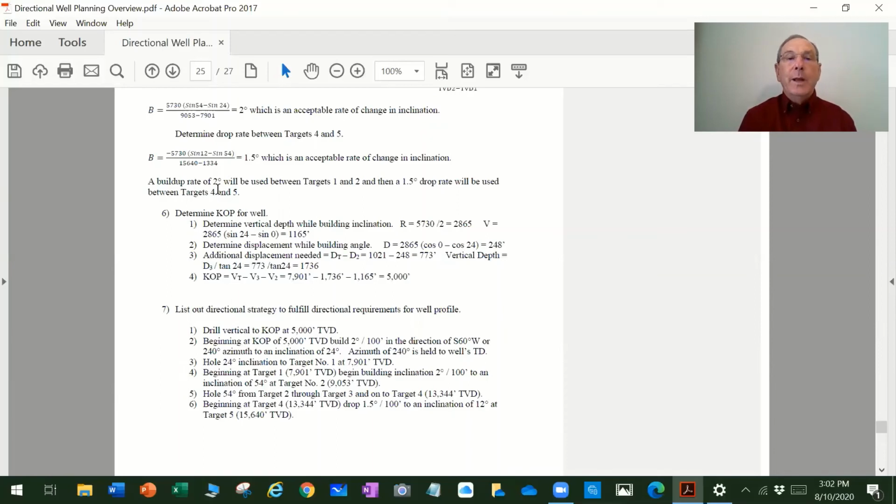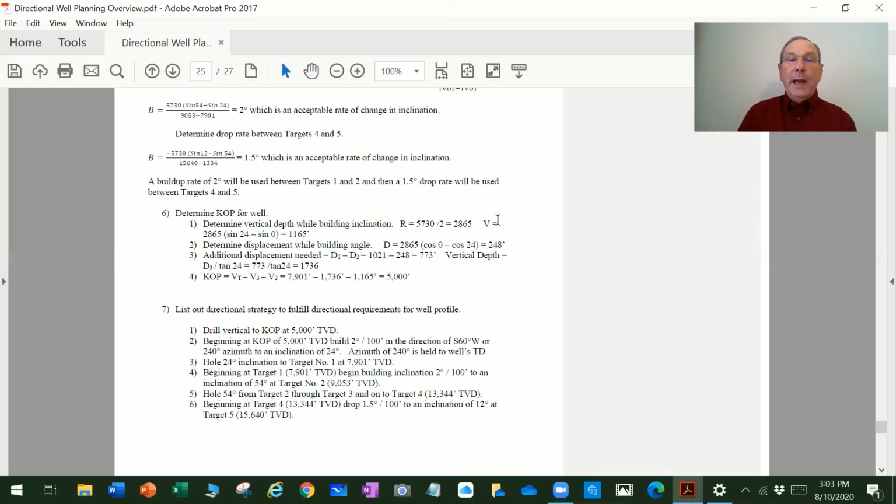Now, since we're going to use an angle change of 2 degrees between target number 1 and target number 2, it would behoove us to use the same build rate up the hole above that, where our kickoff point is, in order to go to target number 1. So we need to determine the kickoff point for the well based on using the same 2-degree buildup rate. The radius using a 2-degree build rate is 2,865 feet.